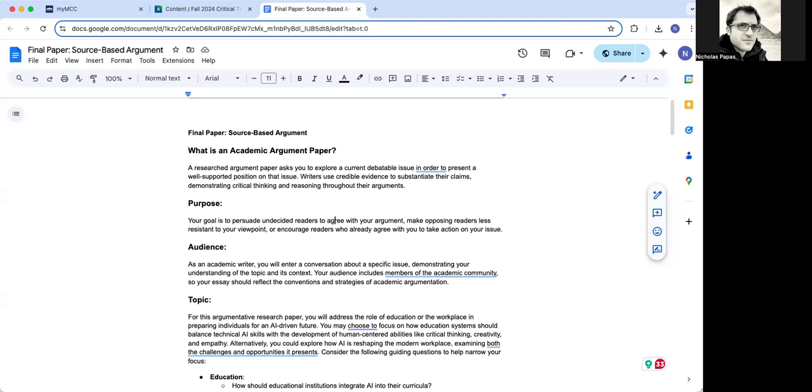Next, instead of discussing sources one by one, which is what your annotated bibliography essentially does, for your essay, you should organize your paper around ideas. Your paragraph should bring multiple sources into dialogue.